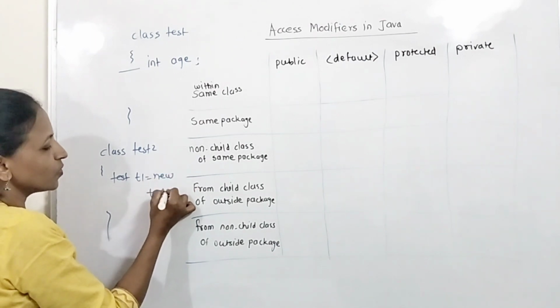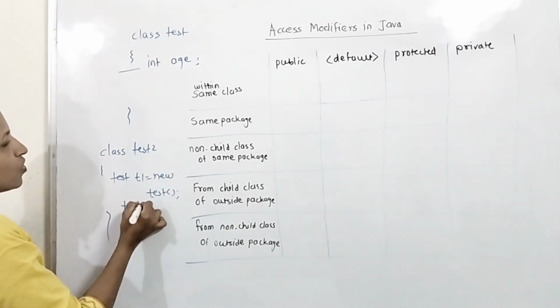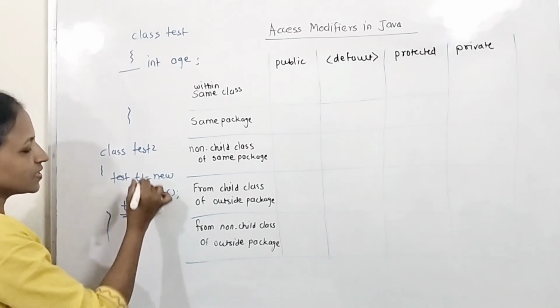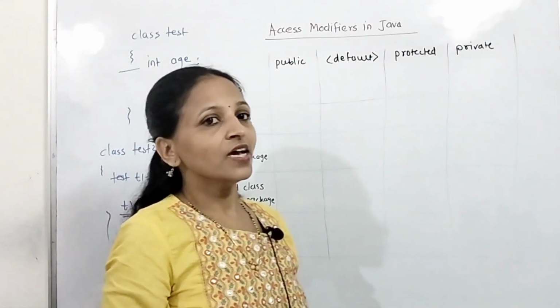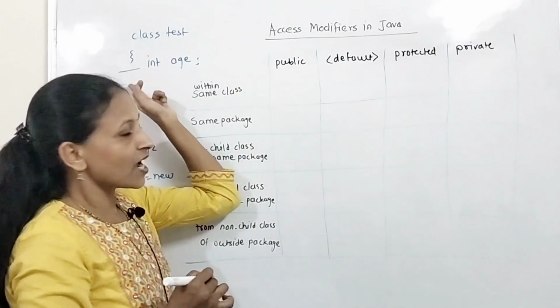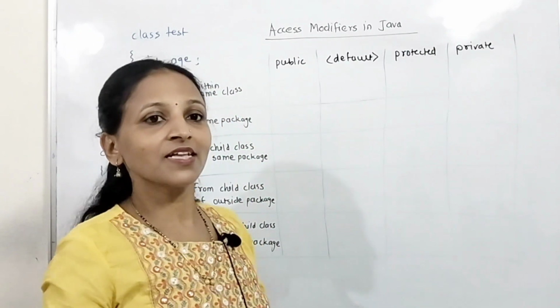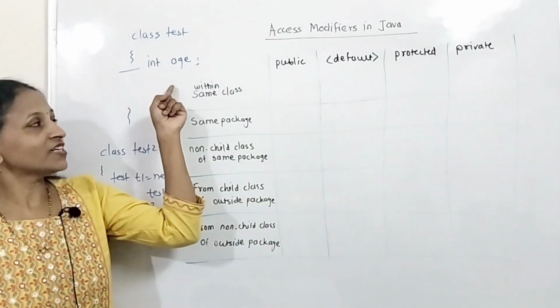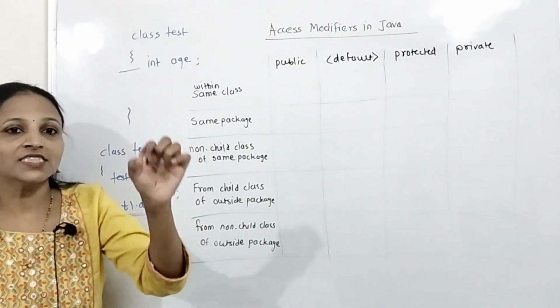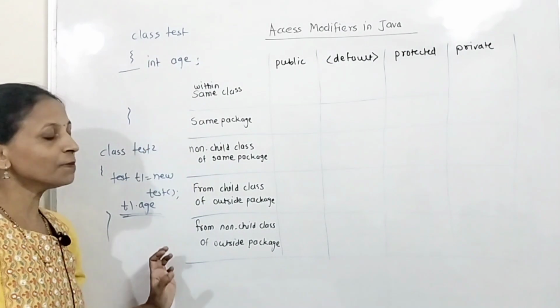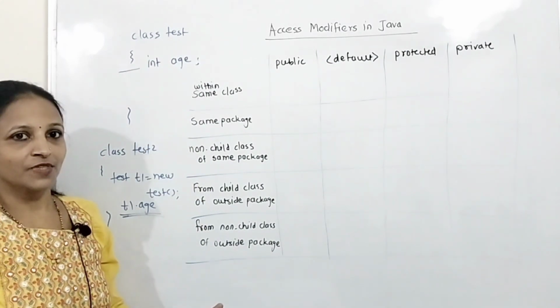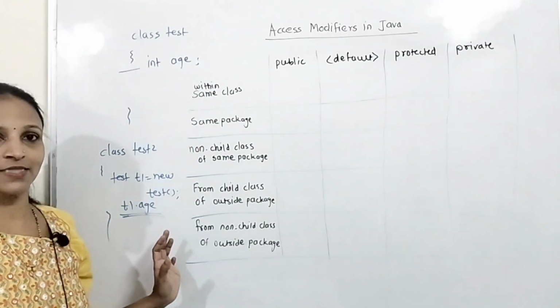Now t1.age I can easily access in this class. Why? Because this age has the default access modifier, which is nothing but a package access modifier. Whatever is declared with the default access modifier is available everywhere within the same package.